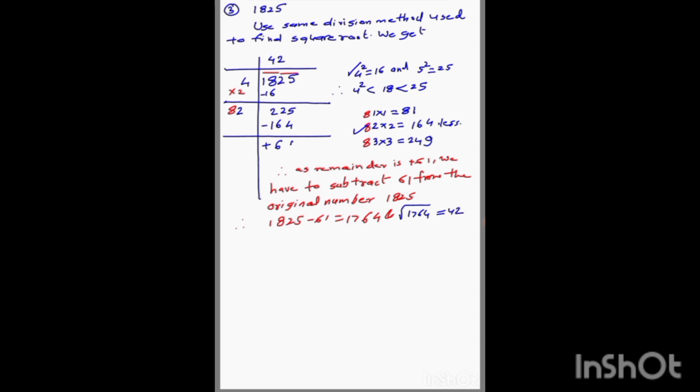So this is 42. See, it is here. Yeah, that is the answer. The answer is actually 61. We are asked to find out how much you have to subtract and how much you have to add.